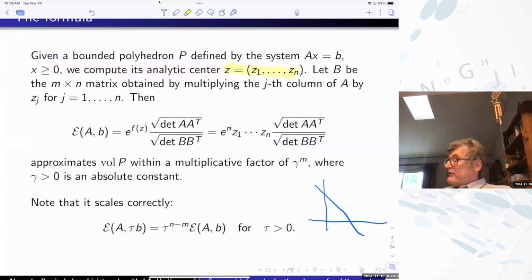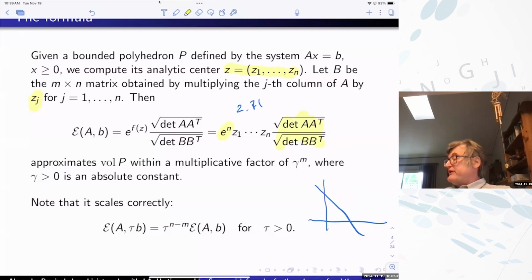We construct another matrix B from the matrix A by multiplying the j-th column of A by the coordinate z_j. Then that's the estimate: e to the n, where e is the usual e, 2.71 and so forth, times the product of the coordinates of the analytic center, times the ratio of two determinants, the square root of two determinants.